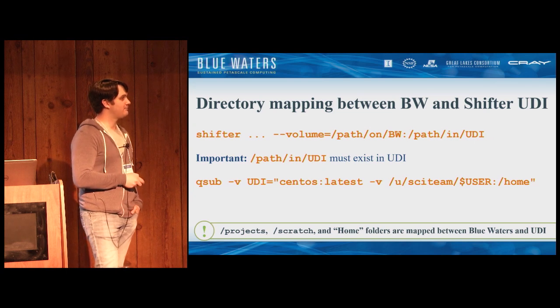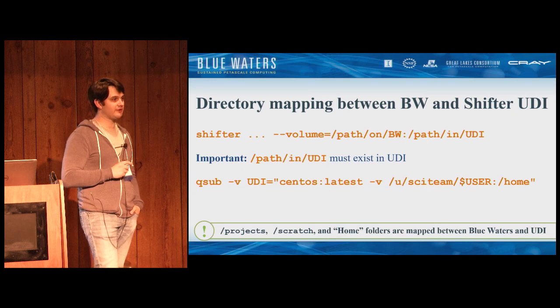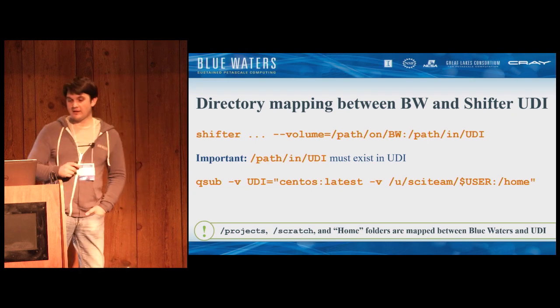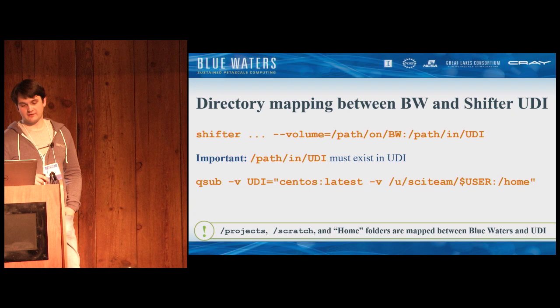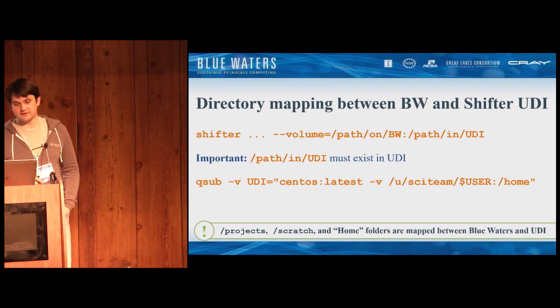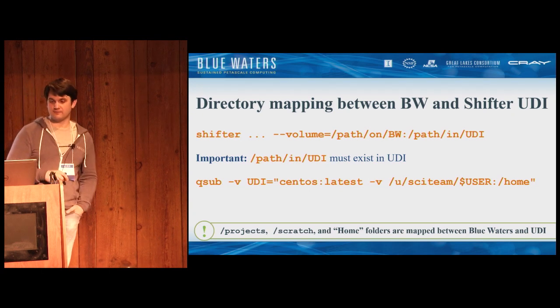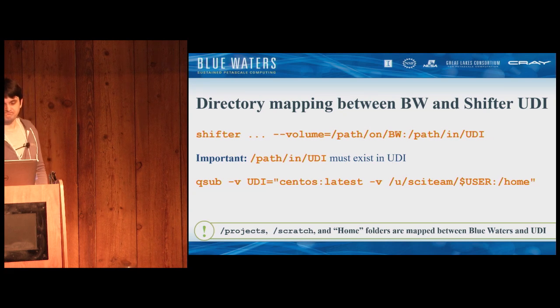The caveat is that the path in the UDI must exist when you create that mapping. And on the bottom, you see the second syntax to create that mapping when you submit a job, basically using a single -v flag, but that second -v flag has a different meaning from the qsub one.